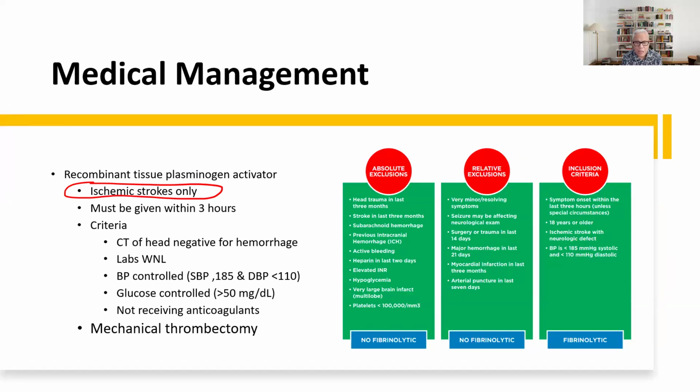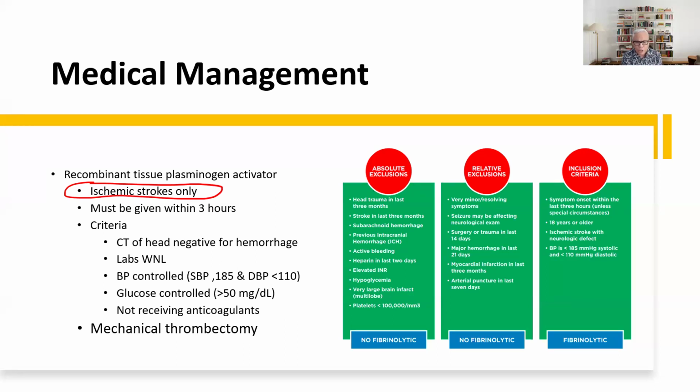There should not be hypoglycemia or hyperglycemia, because increases of glucose will increase the risk of hemorrhage. And that's the reason why that is going to be critical. And then, of course, they must not be receiving heparin or other types of anticoagulants.